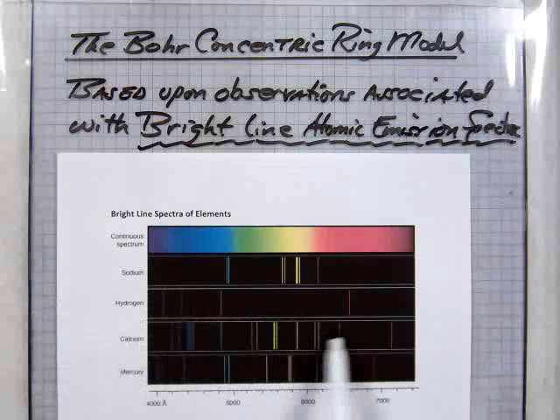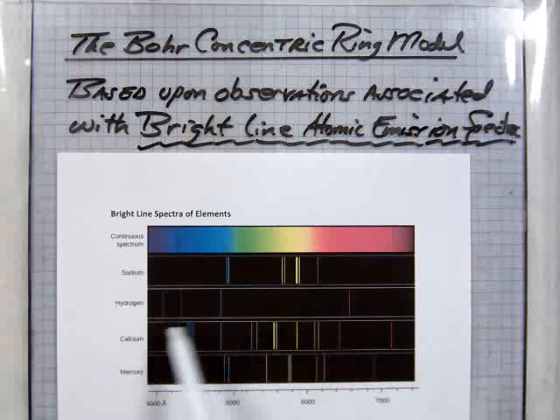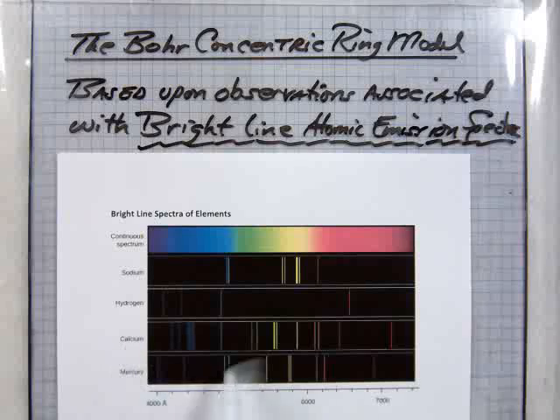Hydrogen here is the one we're going to spend most of our time on, and you see 1, 2, 3, 4 colors that are typically generated from the hydrogen atom. And then you have calcium and mercury, just to show you a couple more examples. But every element has its own bright line spectrum.